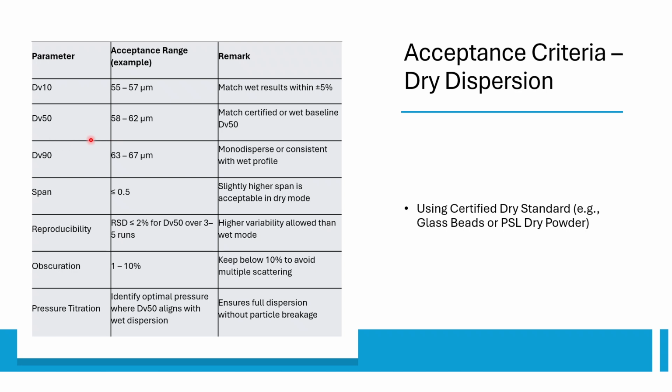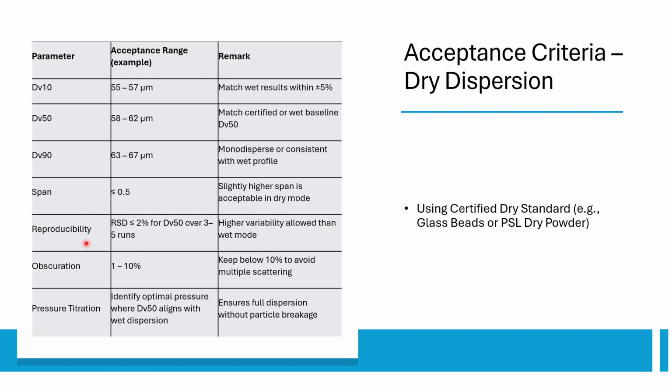For DV50 it should be 58 to 62 micron and match the certified wet baseline DV50. For DV90 it will be 63 to 67 micron, consistent with the wet profile, and the span value less than or equal to 0.5. A slightly higher span is acceptable in dry mode, right?